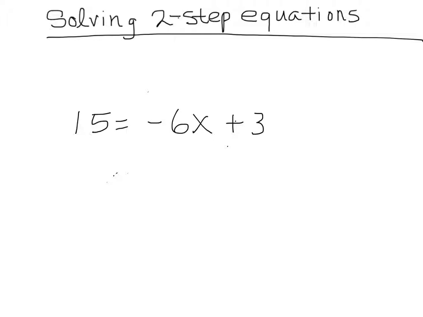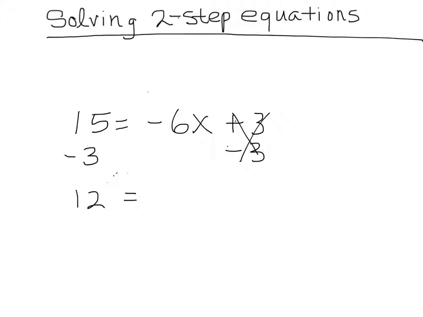Okay, as before, we want to get rid of what's farthest away from the x, what's most removed from it, and we want to do the addition and subtraction first. So we're going to subtract 3 from both sides to get that constant away, and so 15 minus 3 is 12, and the plus 3 and minus 3 balance out, turning that value into 0.